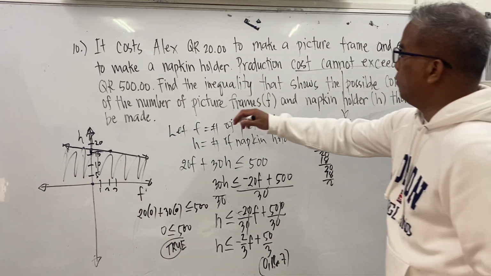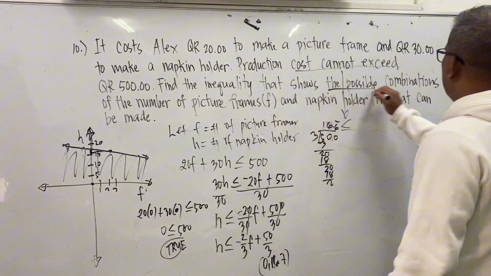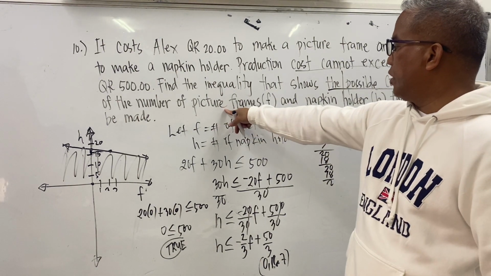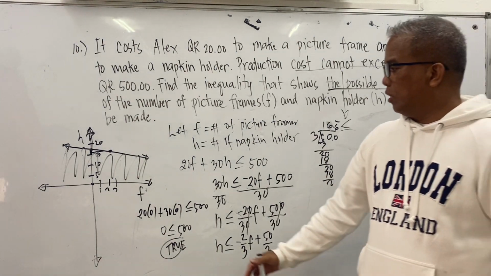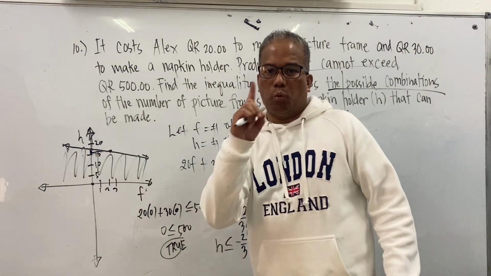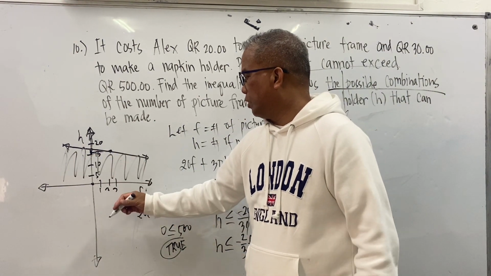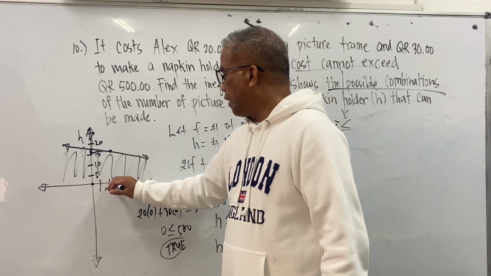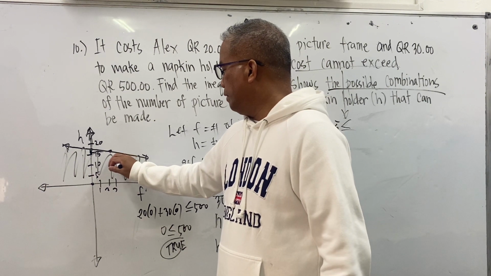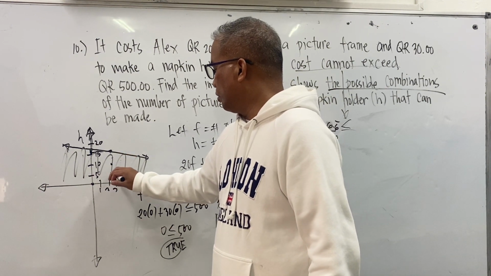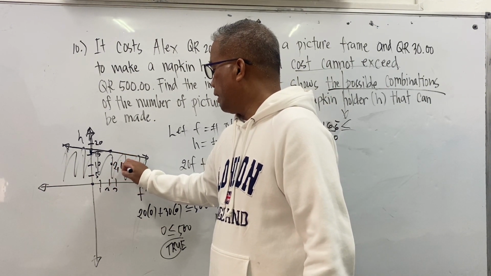Now, to find the possible combinations of the number of picture frames and napkin holders that can be made, you are going to just pick one point here, any point that you want to use. I will try (2, 10).